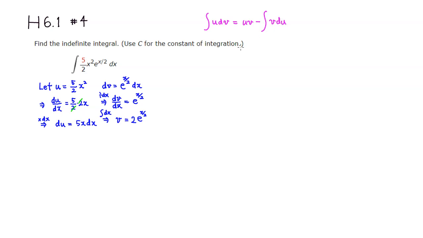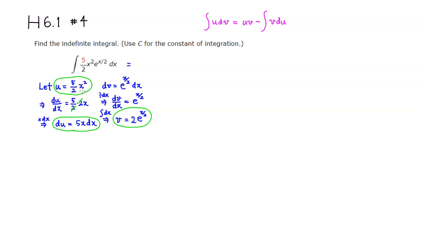So let's follow that. We need u, which is sitting right here, and we need v, which is sitting right here, and also du. We just need those three things.